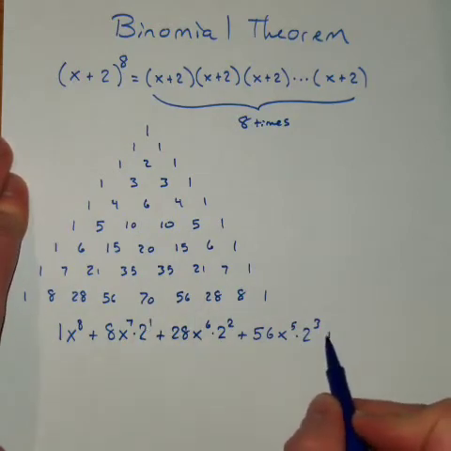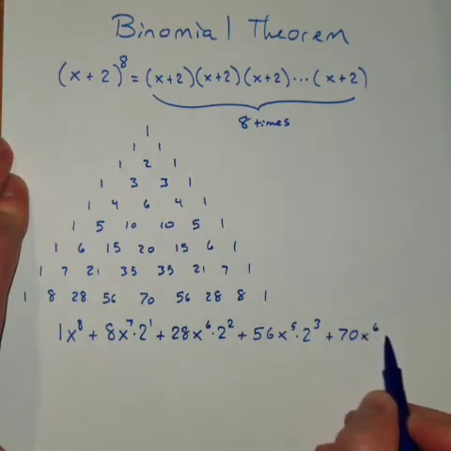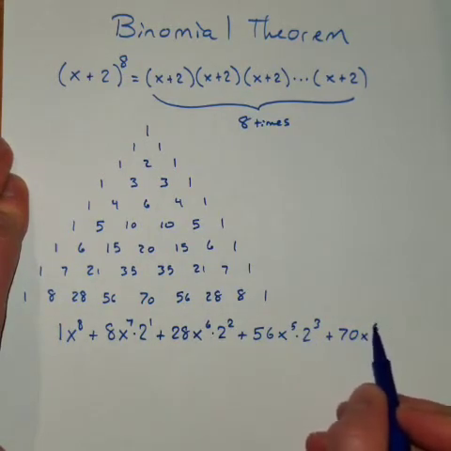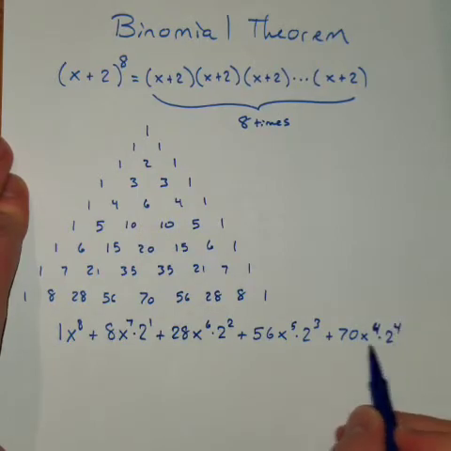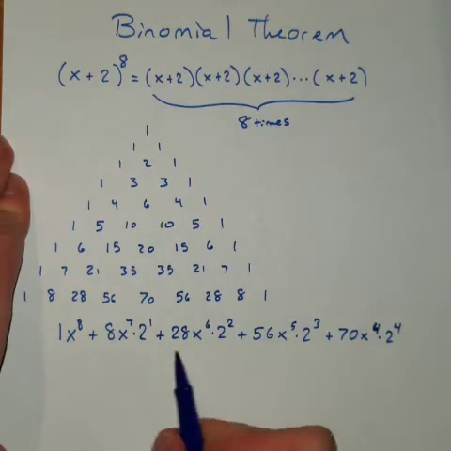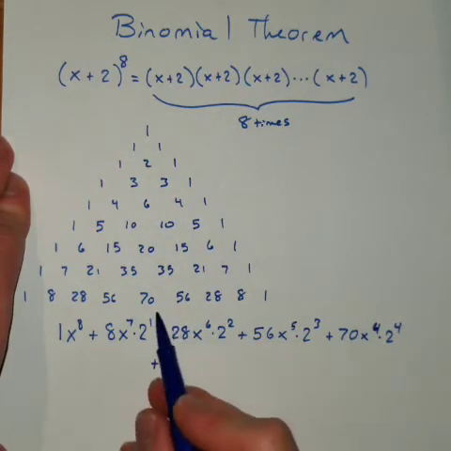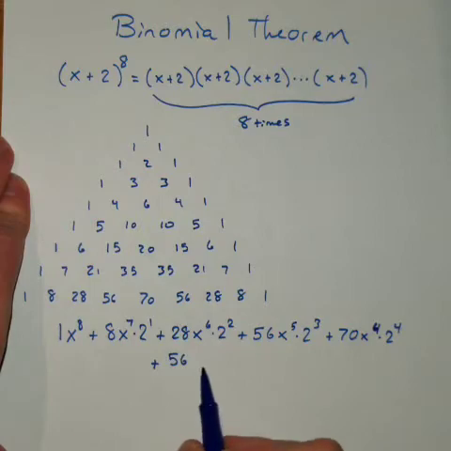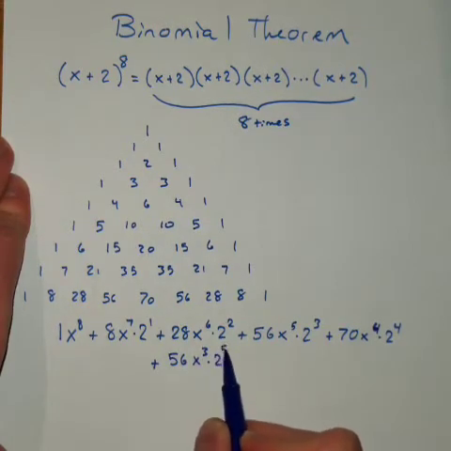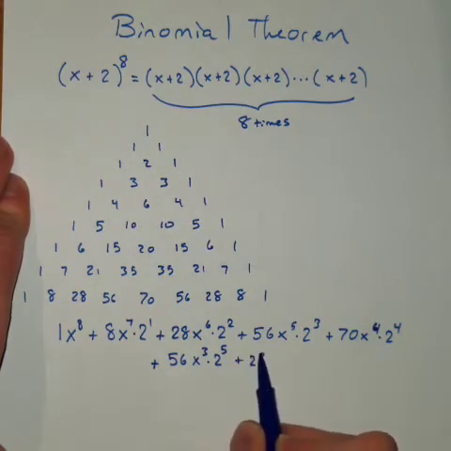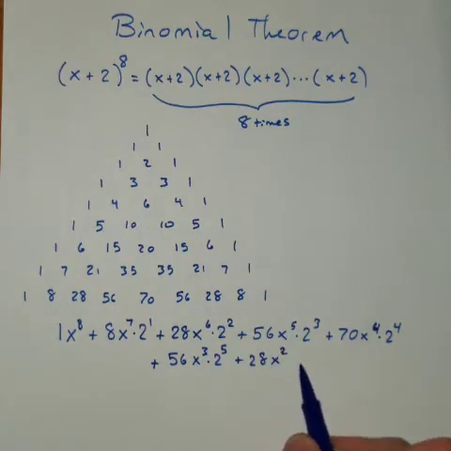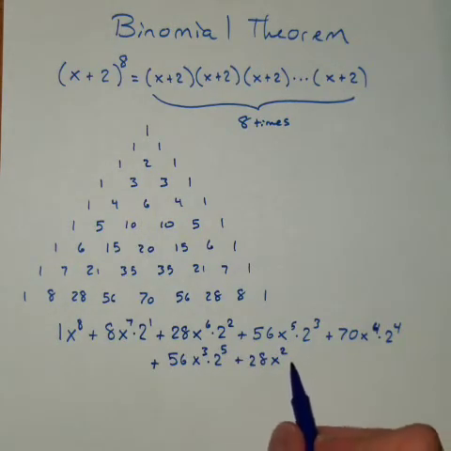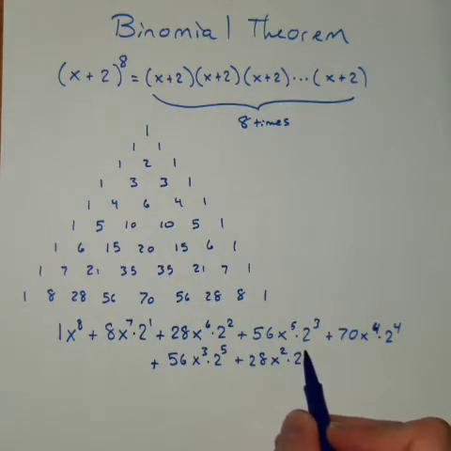Then you get 70x to the 6th. No, I've got to decrease that one, right? That's x to the 4th times 2 to the 4th also. They've got to add up to 8. We'll start down here. That's going to be 56x to the 3rd times 2 to the 5th. 28x to the, let's see, 3 becomes 2, and 2 to the 5th becomes 2 to the 6th.